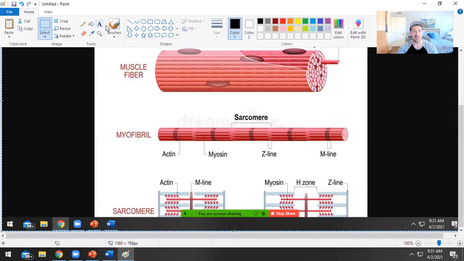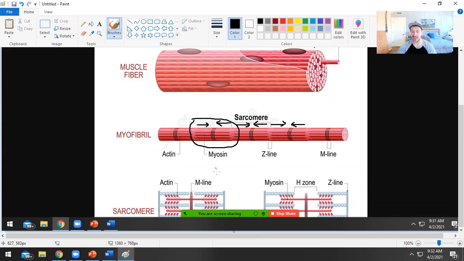What can happen is this section right in here can get pulled this way, and this one is going to get pulled this way. So that's going to shorten towards these thick bands right here. And then that same thing is going to happen over here. This one's going to get pulled this way, and this one this way, and that one that way, and that one that way.